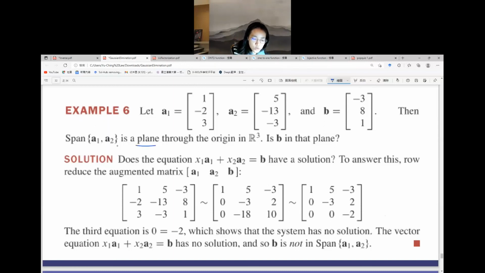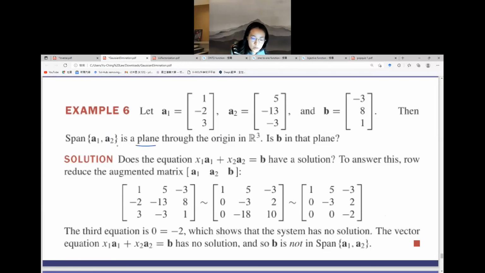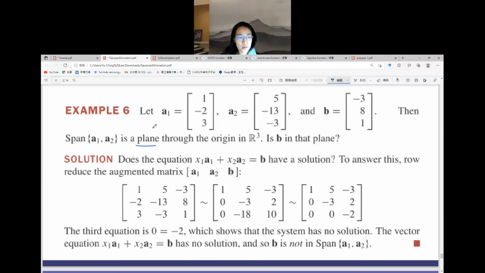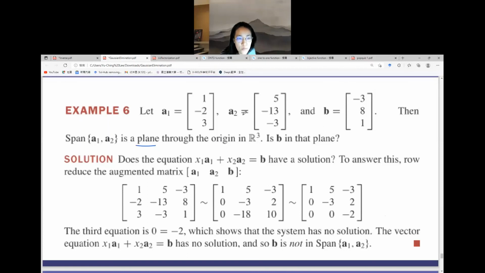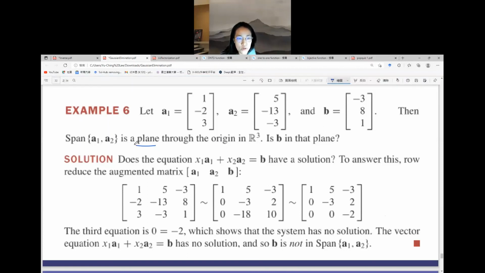By observing that there's no multiple relationship, 我们发现 a1 跟 a2 它们之间并不是一个成倍数的关系，所以它们是 linearly independent。那这个 span 表示这两个 vector 在三维空间中是一个二维的平面。Since a1 and a2 are linearly independent but they are only two vectors, we can only span a two-dimensional plane.